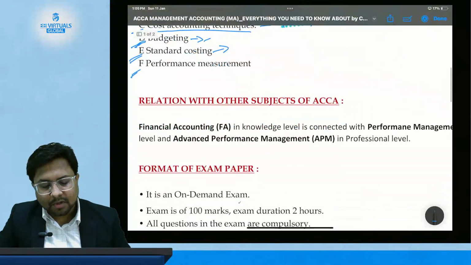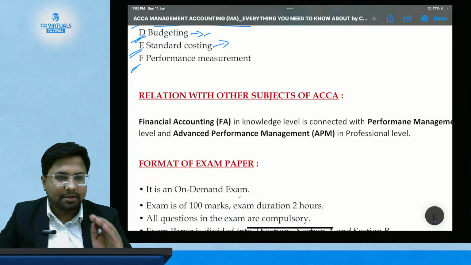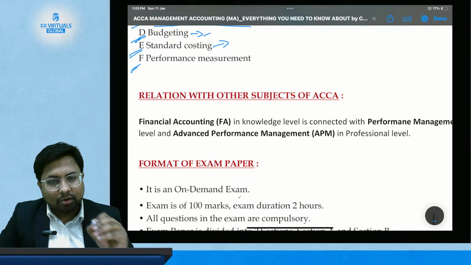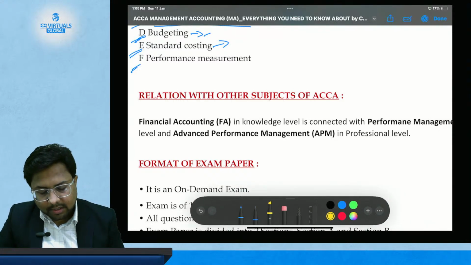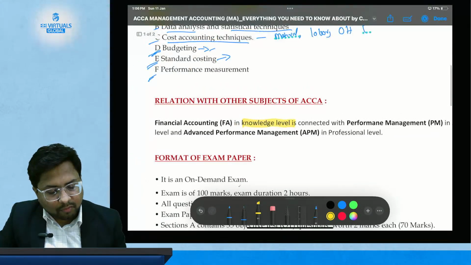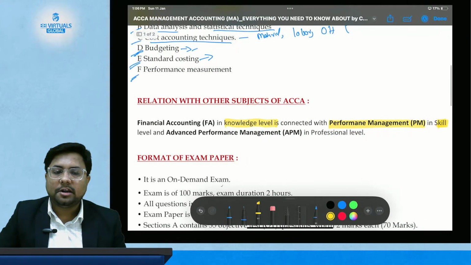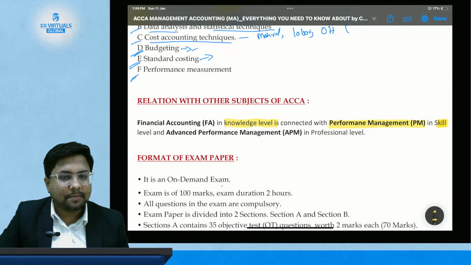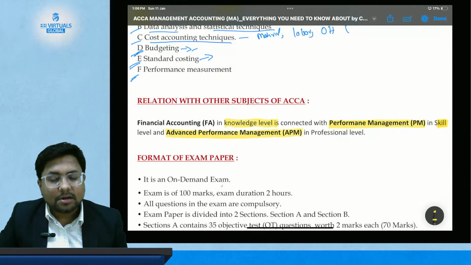Now comes how this subject, that is MA, is related to the other subjects of ACCA. Your management accounting in knowledge level is highly related to performance management in skill level, and also related to advanced performance management in professional level.